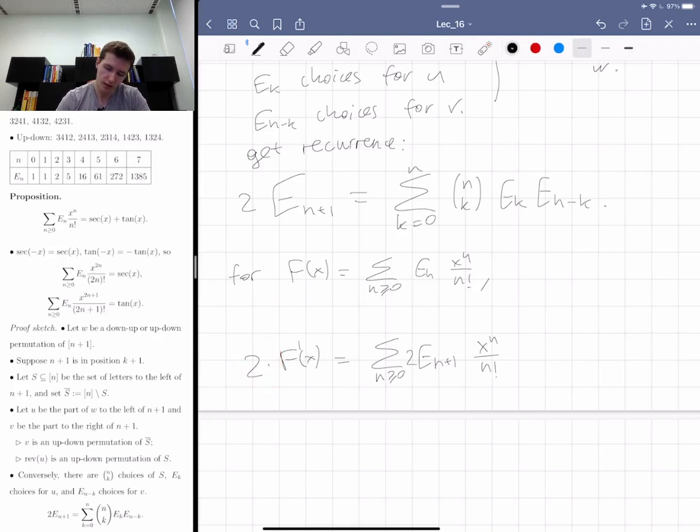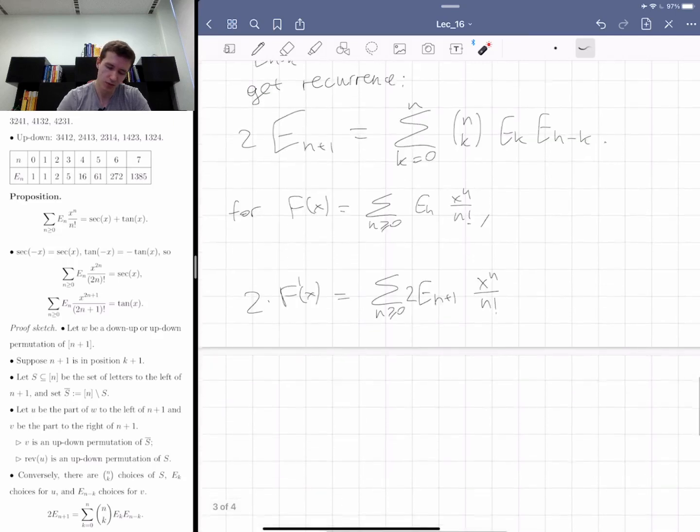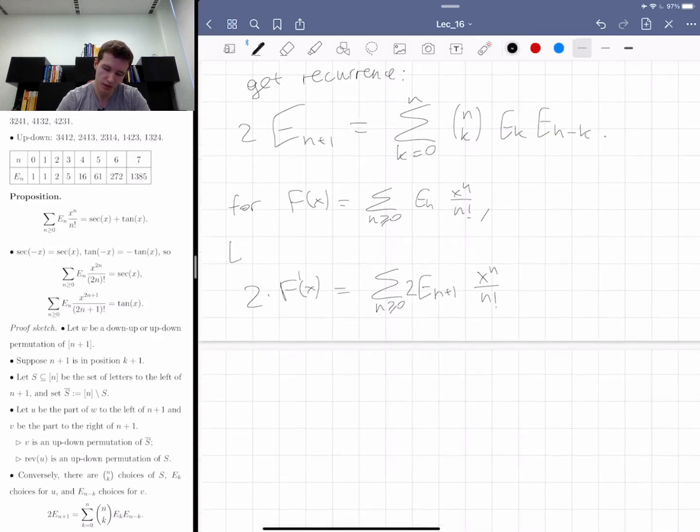So for each n, the coefficient is exactly the left-hand side. And on the right-hand side, we just have the product formula, f of x times f of x.